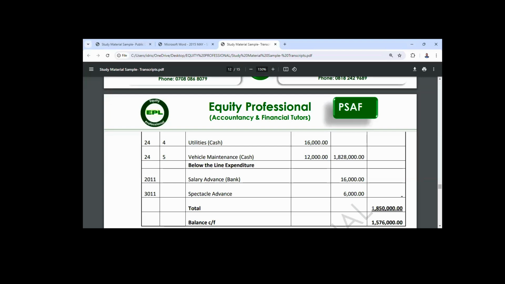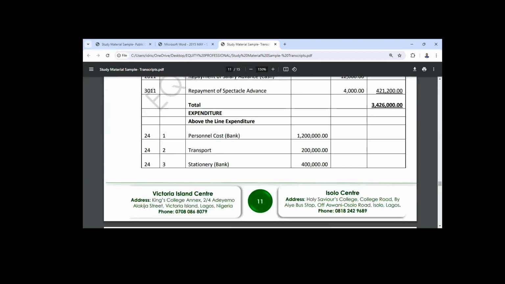Your total expenditure of 1,850,000, you minus it from your total revenue, which is 3,426,000.